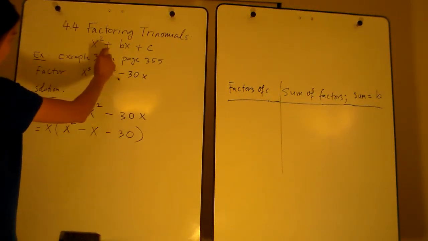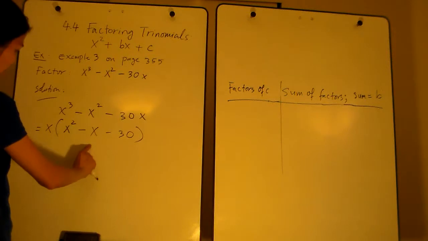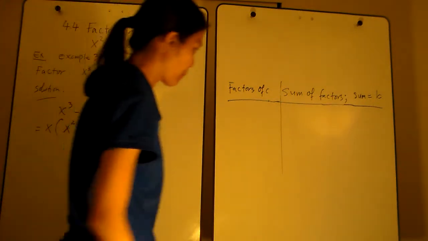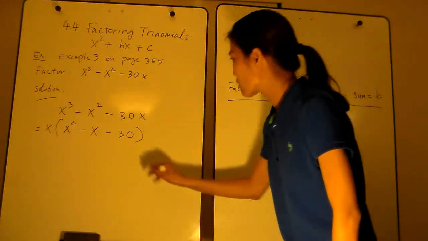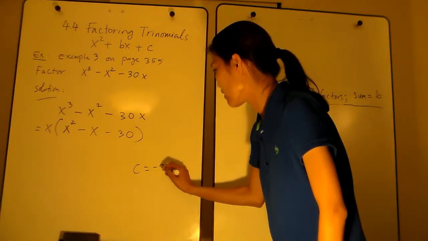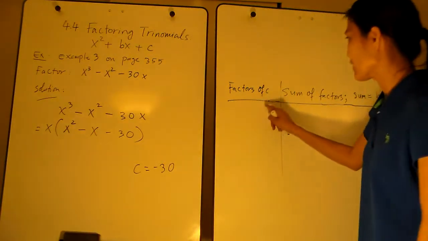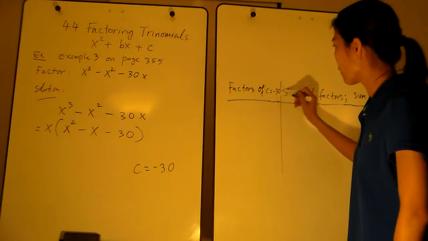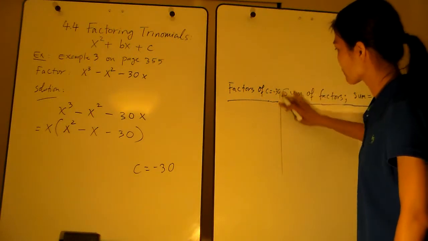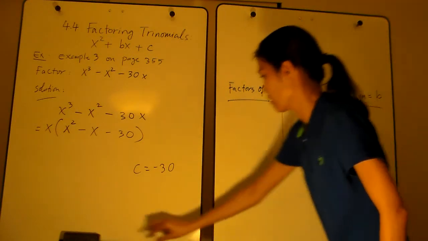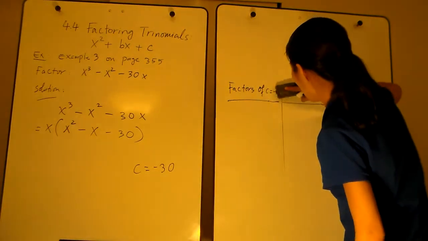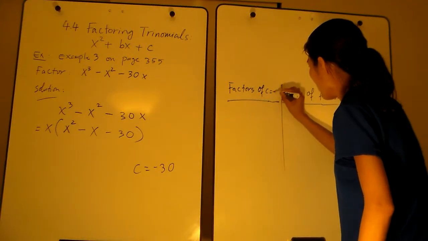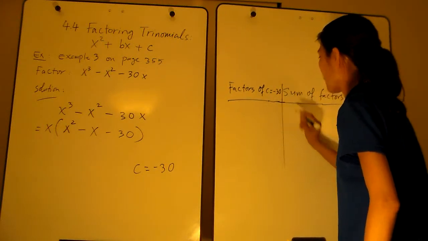A, B, C: x squared minus x, so b is negative 1, plus c, and c is negative 30. So we factor c, which is negative 30.